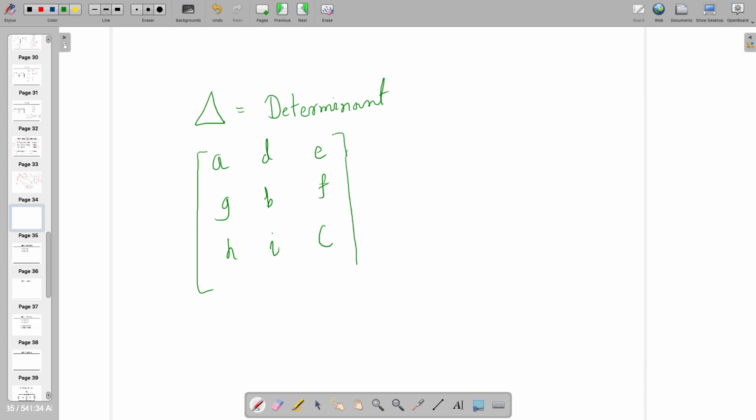Everybody knows how to find delta, right? How do you find it? So you are following this? A times BC minus, something like this, minus D times. Do you know any other technique also? Because you might know better techniques than me. Do you know any other technique? Okay, multiply.